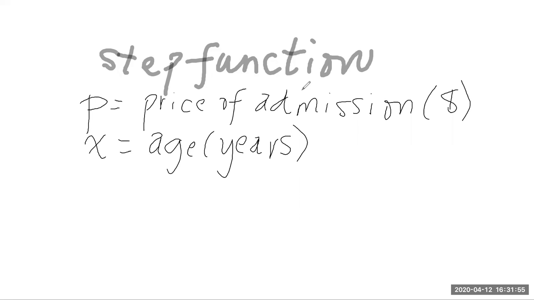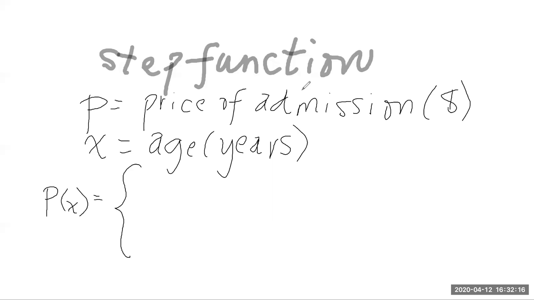So if you look at the graph, there are three different pieces of the graph. So when we write the equation, there will be three pieces. So P of X equals, and you're going to put a brace there because there are three equations.